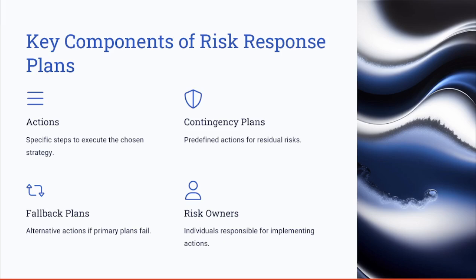The next component is the fallback plans that provide alternative actions if the initial response is unsuccessful. Risk owners are also a key component in a risk response plan, and they are responsible for implementing the actions and monitoring the outcomes. So these components ensure a comprehensive and actionable approach to risk management.